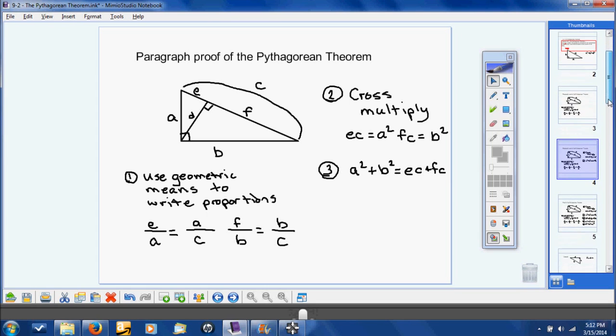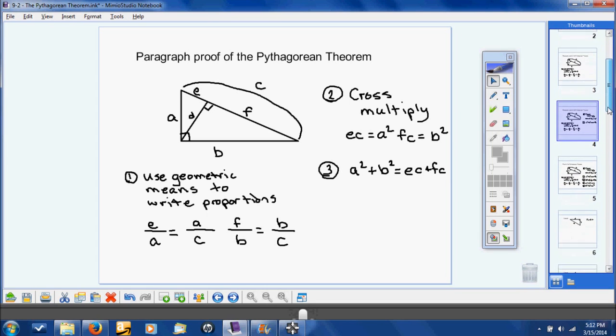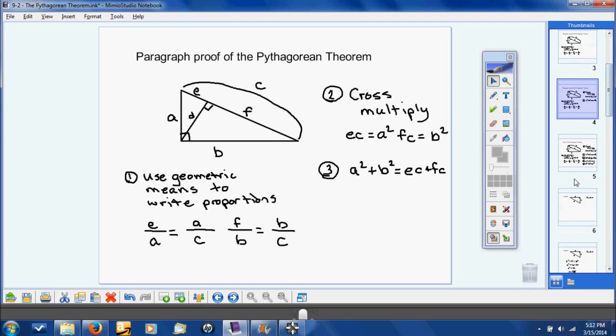Now I would rather you really pay attention and follow right now than be writing. I'll give you enough time to write it down, but just to recap, we've got this picture here. Look up if you're writing. We have this picture here, A, B, C, and we're trying to show why A squared plus B squared equals C squared.